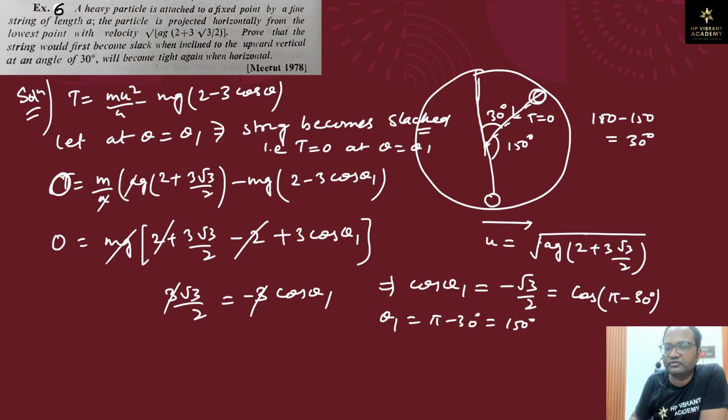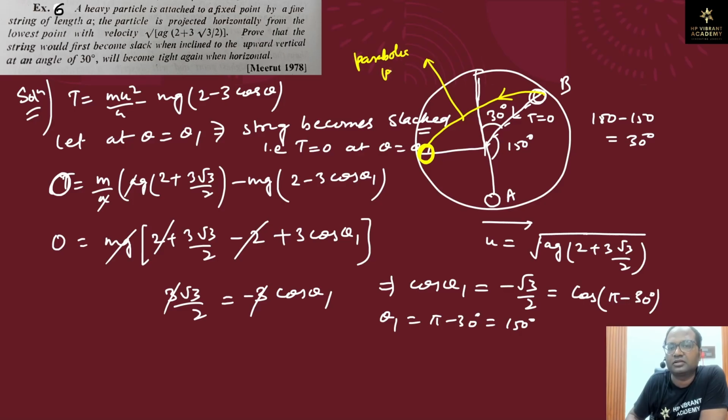Let us consider this point as B and this point as A. From point B onwards, it will follow a parabolic path. As per the demand of this question, it will hit the horizontal diameter on the opposite side at this particular point. This is the parabolic path.